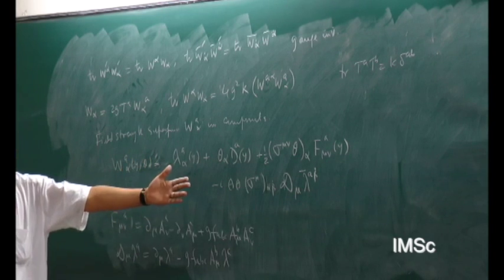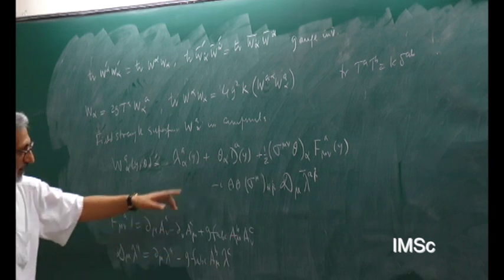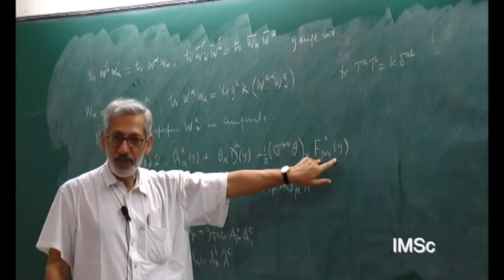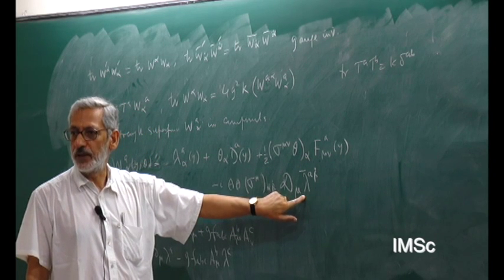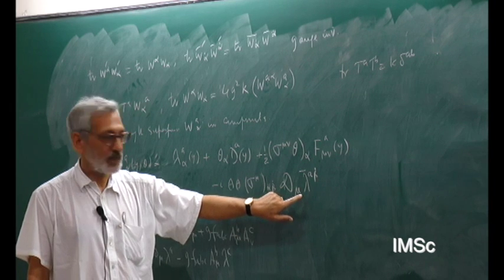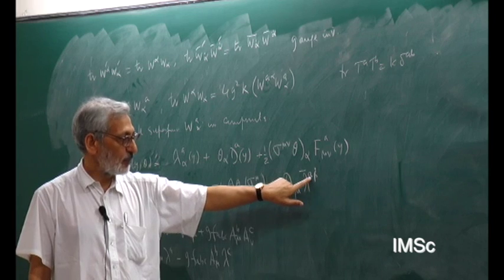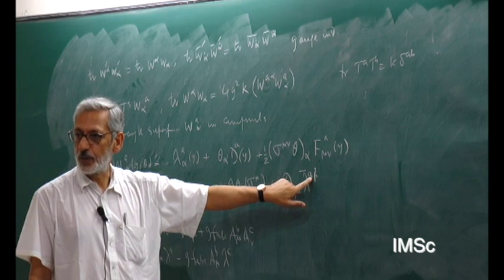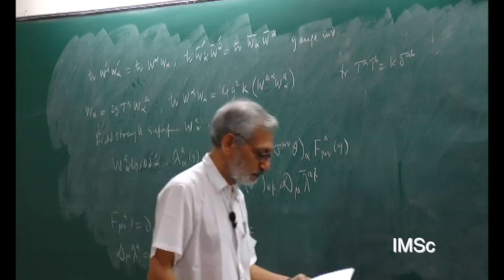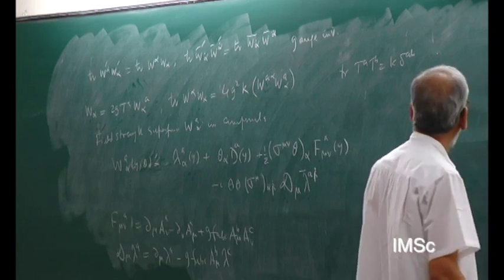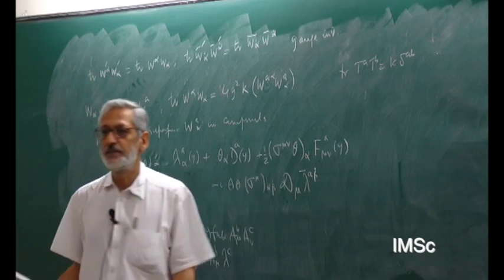If you look at the U(1) exercise, it's simply a generalization of U(1) to non-abelian. F gets replaced by the field strength of the non-abelian theory. This gets replaced by the covariant derivative of the non-abelian theory. Here you had an ordinary derivative because lambda in the U(1) theory was chargeless. But here it transforms as an adjoint representation, so you have the corresponding covariant derivative. Now, we don't have to do much exercise to write down what is the possible Lagrangian density.